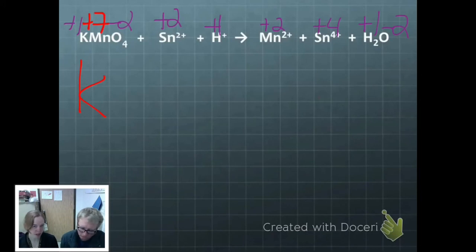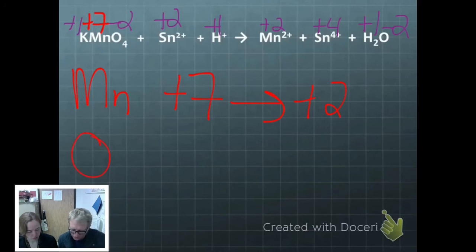Let's ignore our potassium for now. Then manganese started out as +7 and has become +2. I've got oxygen, and it started out as -2 and ended up as -2. So nothing exciting has happened to oxygen.